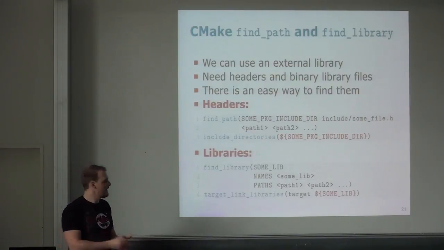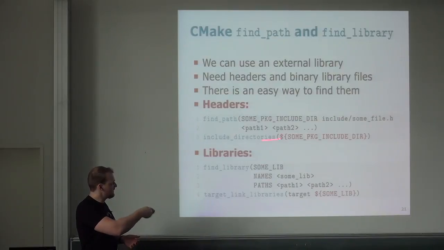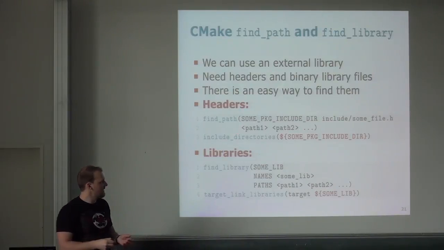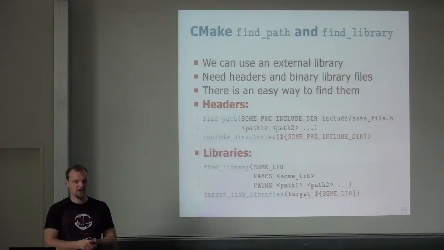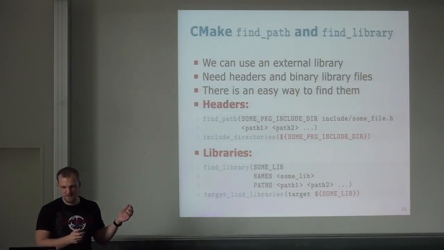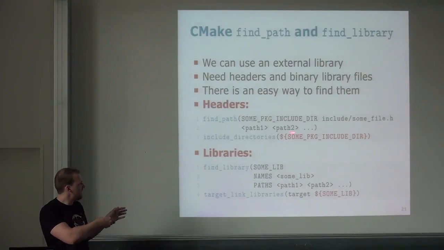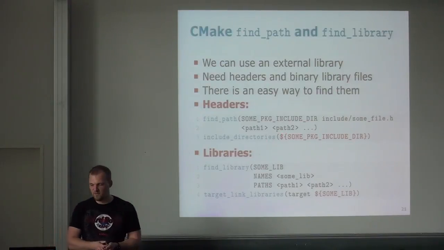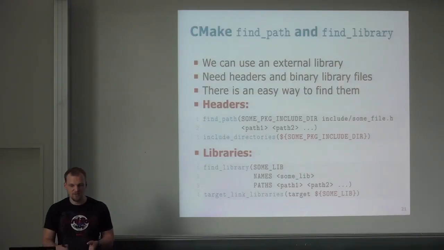Okay? And you also give some paths here, like other paths that you might want to search. Good. And then you can use this thing in include directories just like this by using this as a variable. And the same goes for libraries.